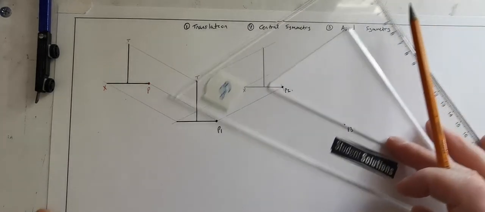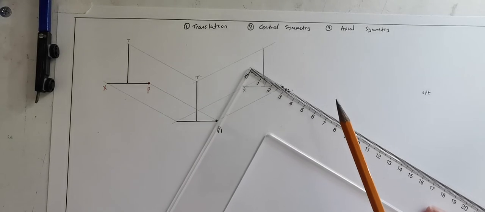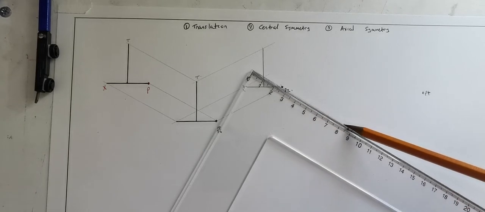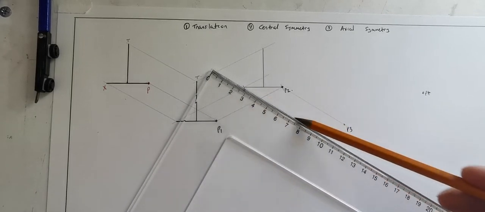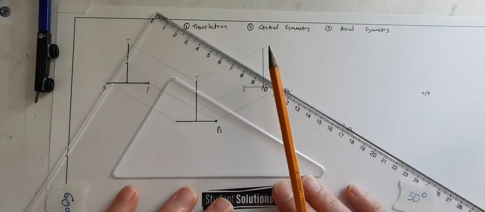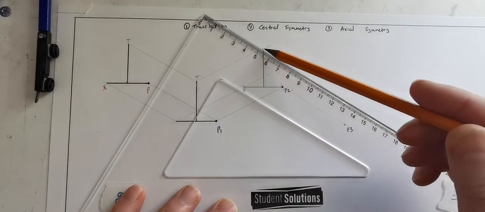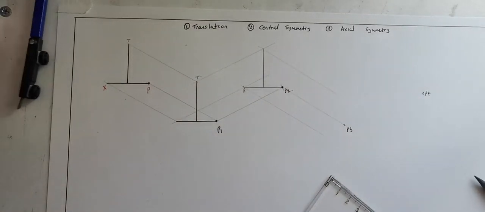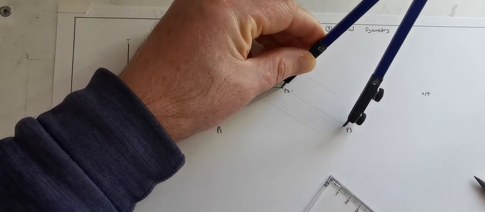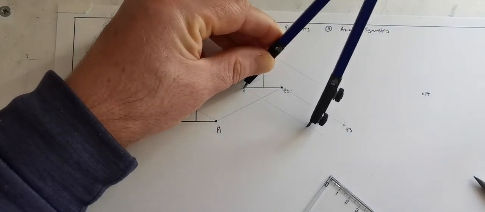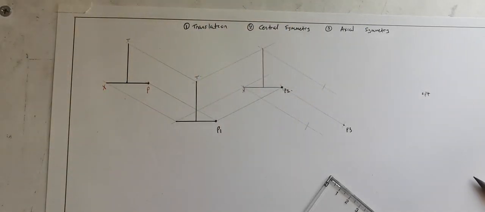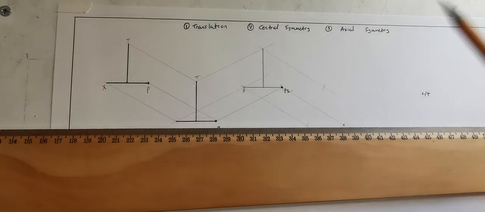So the proper method is if P2 goes to P3, X goes at that angle, and the top of it goes at that angle, and then you must see how far does it move. So if P2 goes to there, X goes to there, the top goes to here, and I can redraw that again.